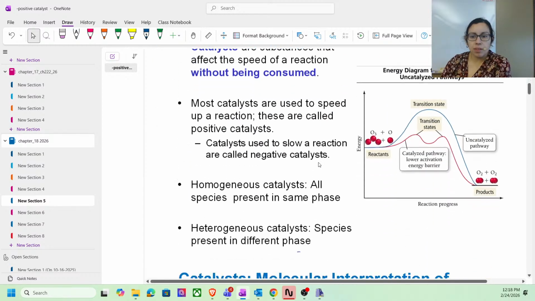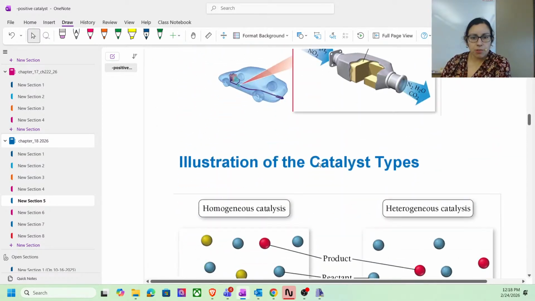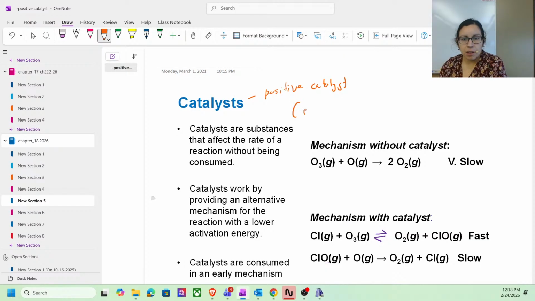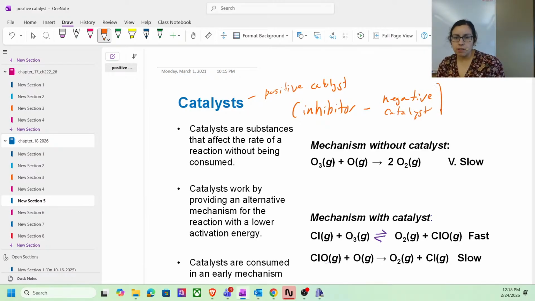I can't remember if it's in our chemistry book. Yeah, so our chemistry book might neglect to say that. So I'll put that: inhibitor. So that would be considered a kind of negative catalyst, where it is competing for the activation site, we'll say. So that's the difference.